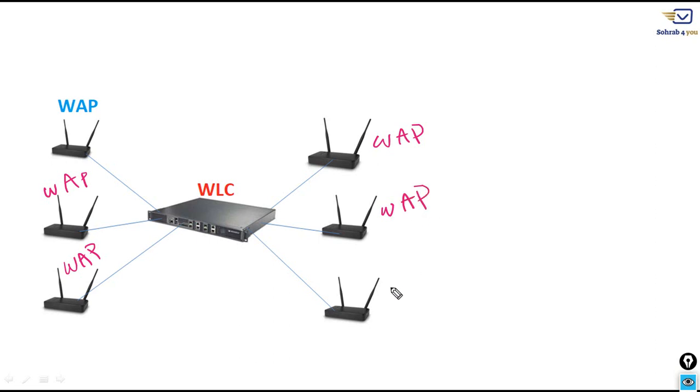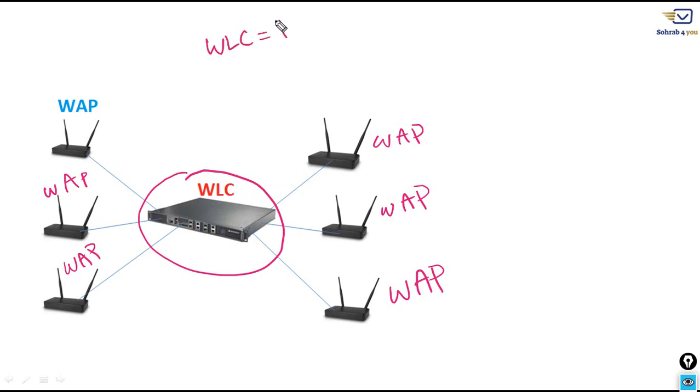So there is a company that has 5-6 access points. Now if they want them to be controlled by one device, here the WLC comes in. This WLC is the boss. It's going to take care of all of these.